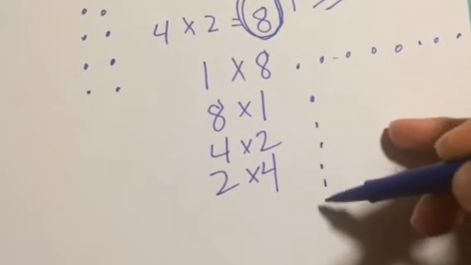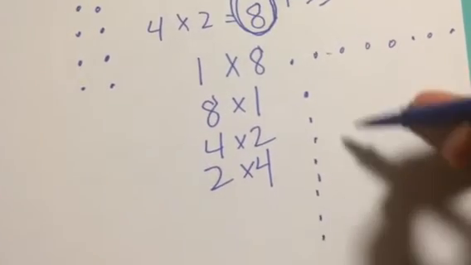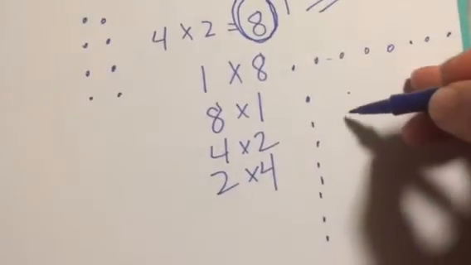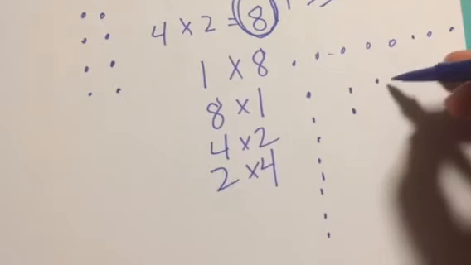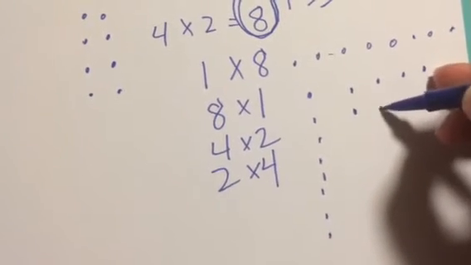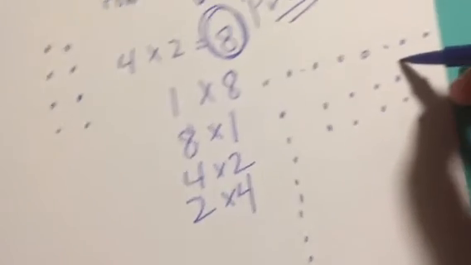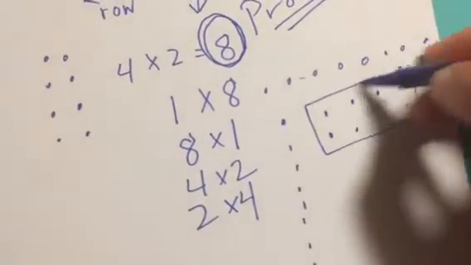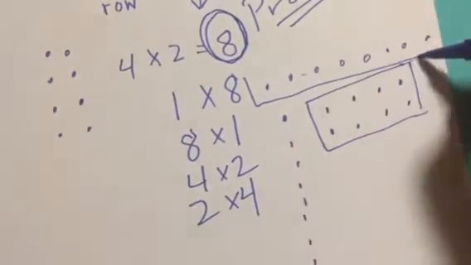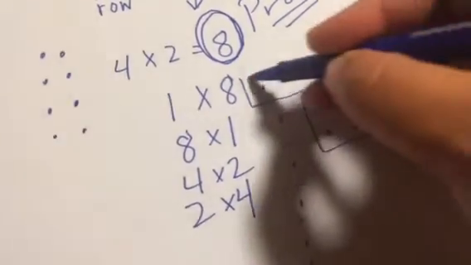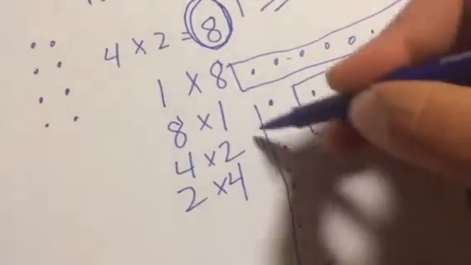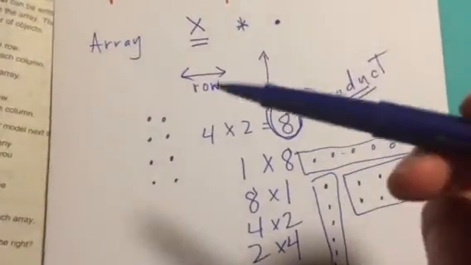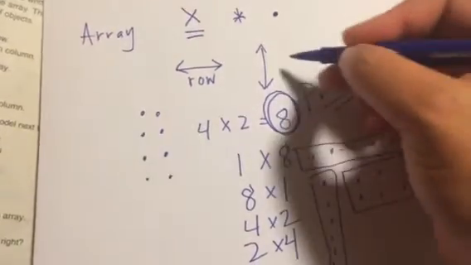Sometimes it will look like 4 by 2, and sometimes it will look a little different, like 2 by 4. But in the end, all of these have the product of 8 dots. Hopefully that helps a little bit, showing you about arrays, about rows and columns, and about products.